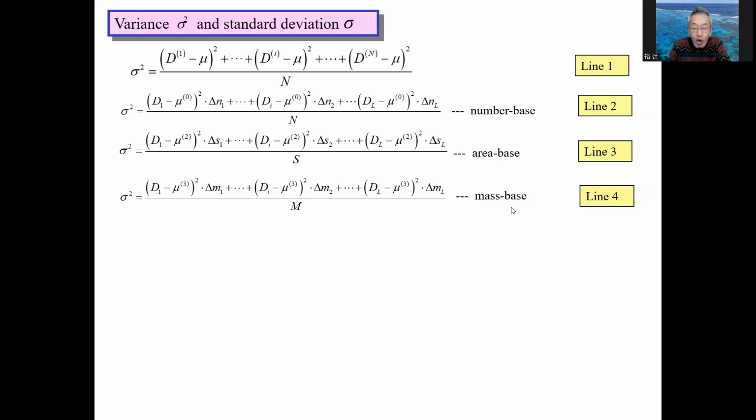In this lecture, I omit the length-based mean size. The subtotals of group data are summed and divided by the total number N, or the total area S, or the total mass M, to obtain the variance as shown on the second to fourth line.